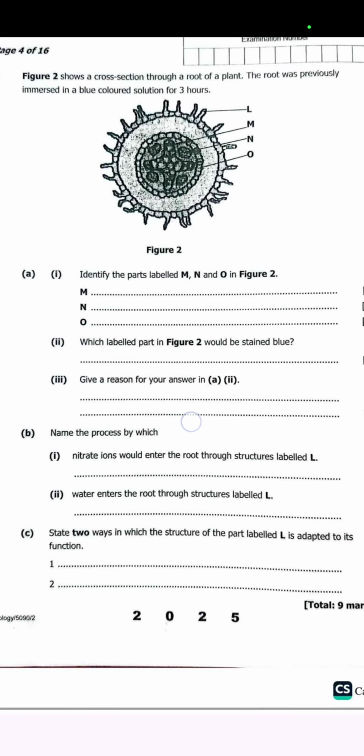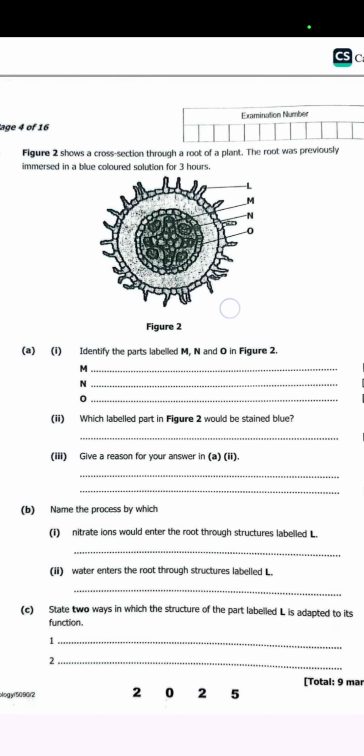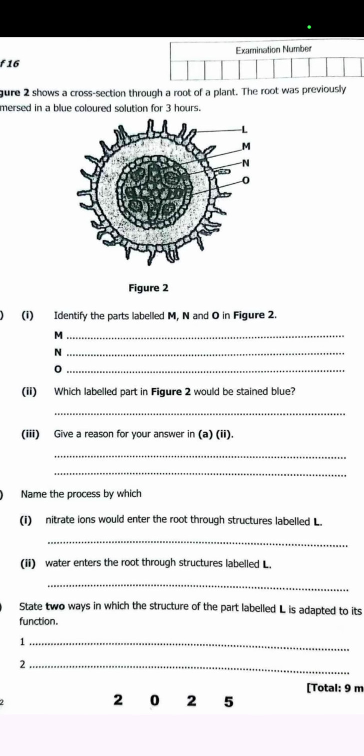Then we go to question A2. So question A2 is saying which labeled part in figure 2 would be stained blue. So in short, they are just saying which route between xylem and phloem would the colored solution use, because it needs to be moving. Which part?